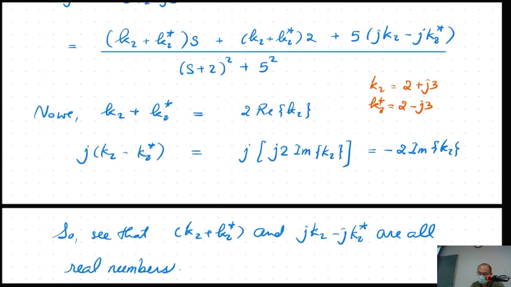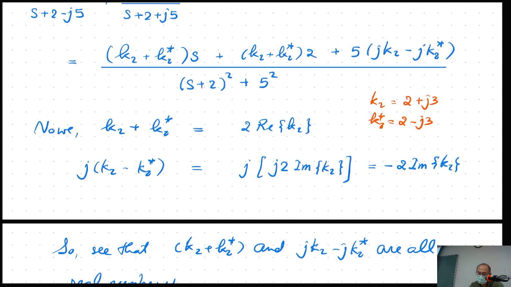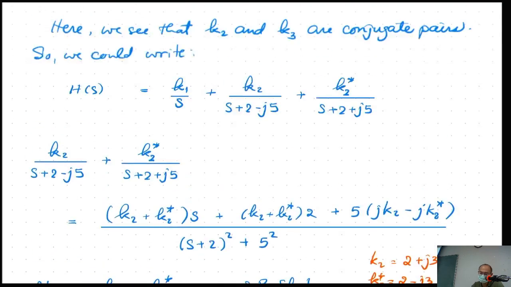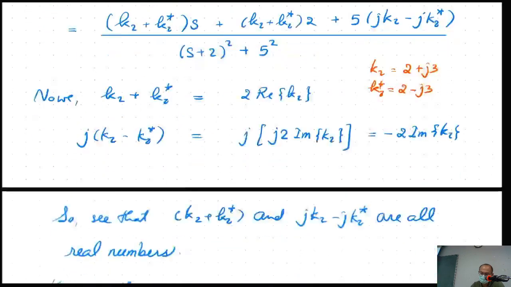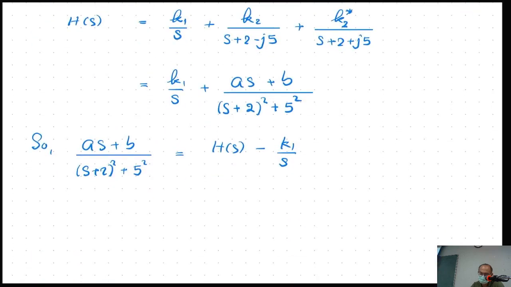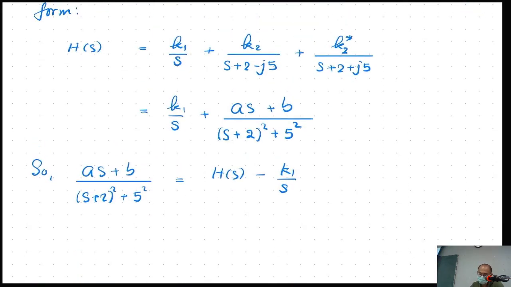Actually, we know already that a is equal to twice the real part of k2, right? This is a. But we don't want to find k2, right? We don't want to deal with complex numbers. So we want to find a and b differently. So that's why I have this term.